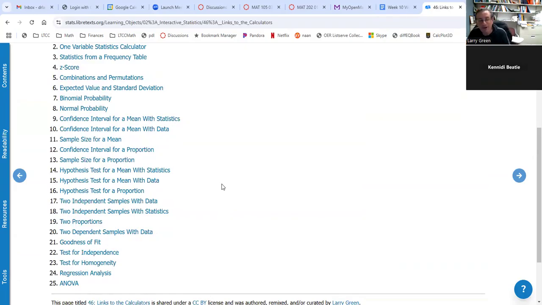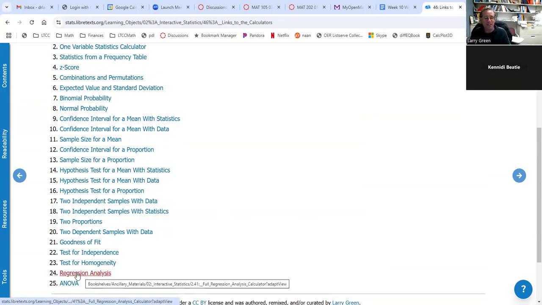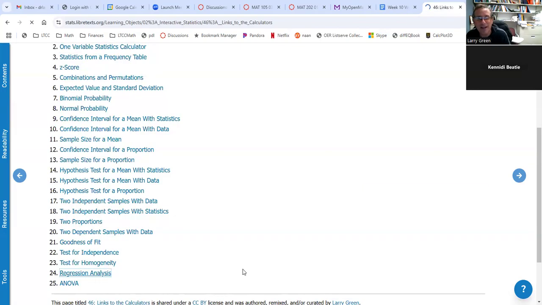Yep, number 24, because this is the chapter on regression analysis. And I got some good news for you. Everything is in order at which we do things in this class. After 24, all we have is 25. There's only one calculator left after this week, and we'll be done. That'll be Nova, by the way. But let's do 24, which is regression analysis. I click on that.